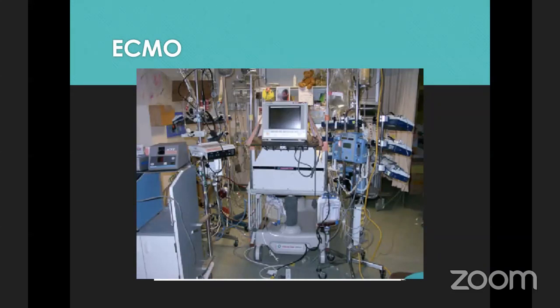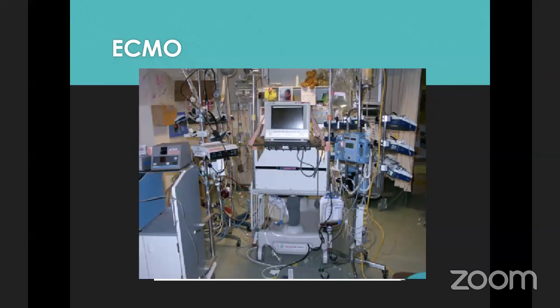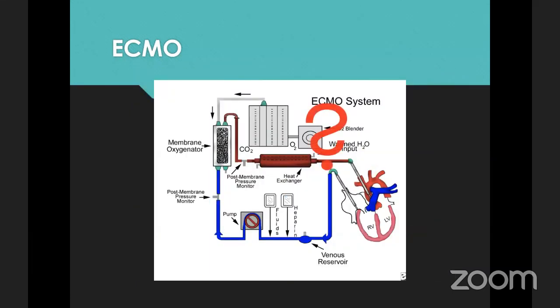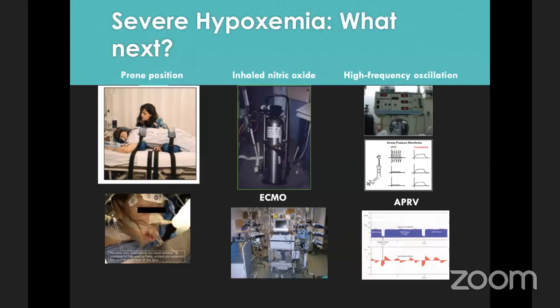So you have to go to the salvage therapy, which is called ECMO, extracorporeal membrane oxygenation, VV ECMO, venovenous ECMO. Because it will help for oxygenation and also for the CO2 retention, and give time for recovery. So if we have refractory hypoxemia, we can go for prone position, inhaled nitric oxide, maybe HFOV now it's off label, and going for ECMO.